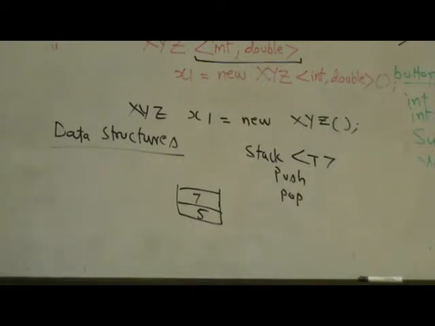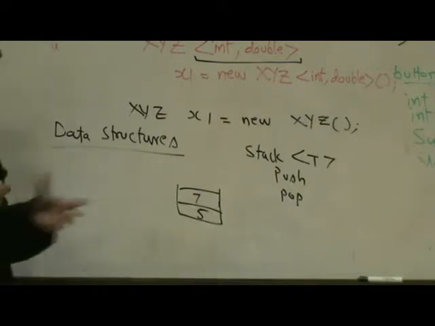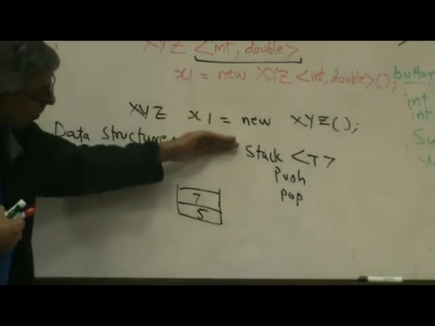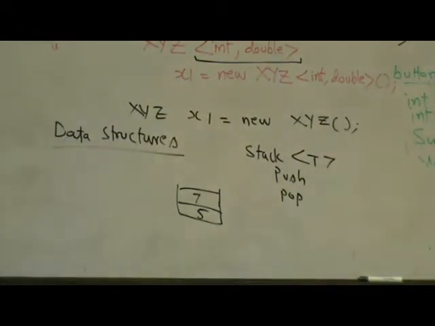Same thing for queues, lists, and so on. The caller can then pick what data type it should be, so we don't have to keep copying the class and creating another class name for a different data type. So that's the advantage, right?